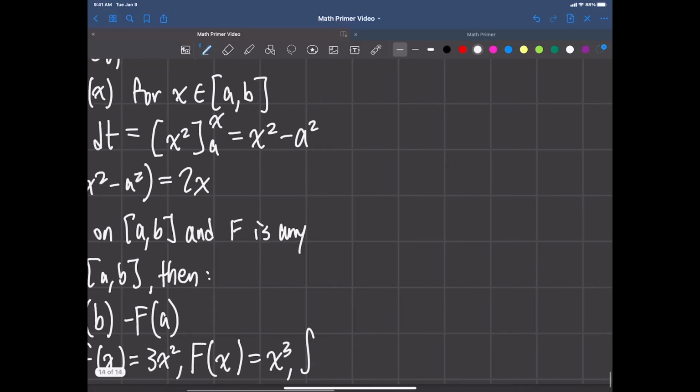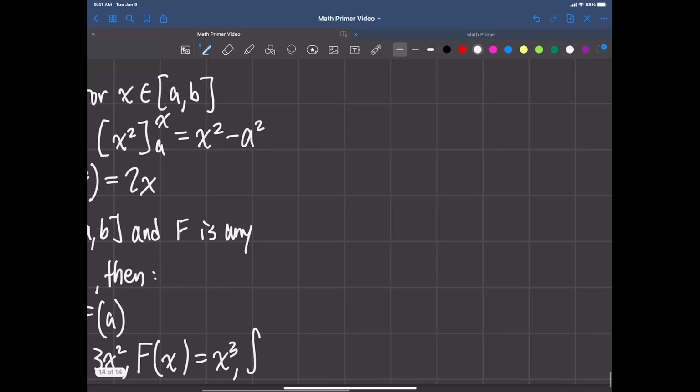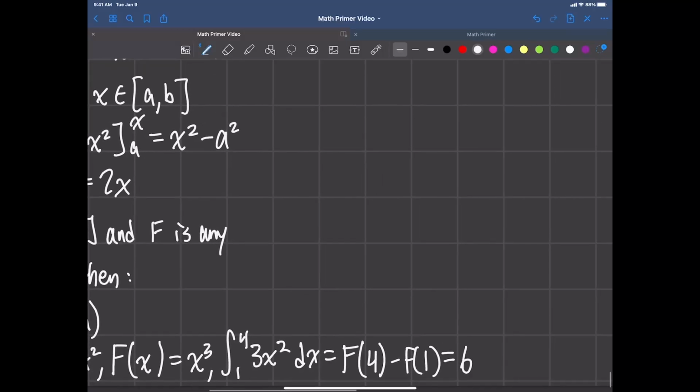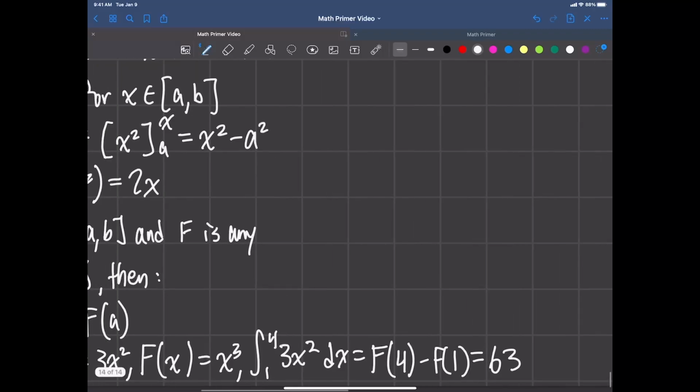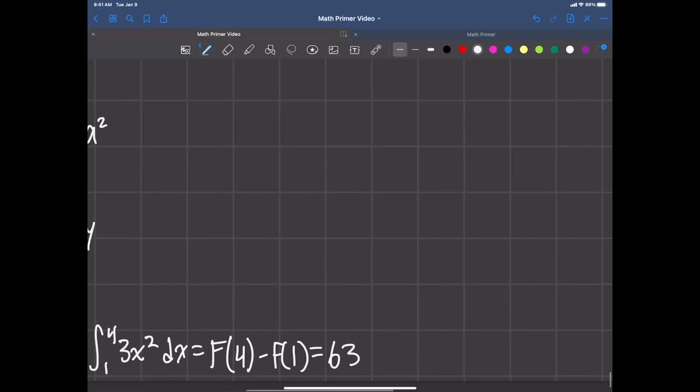But for now, just know that the integral of 3x squared is x cubed. And from 1 to 4, 3x squared dx is equal to F of 4 minus F of 1, which is equal to 63. Because 4 cubed is 64 and 1 cubed is 1, so 64 minus 1 is just 63.